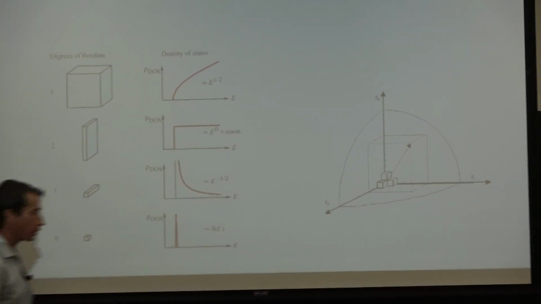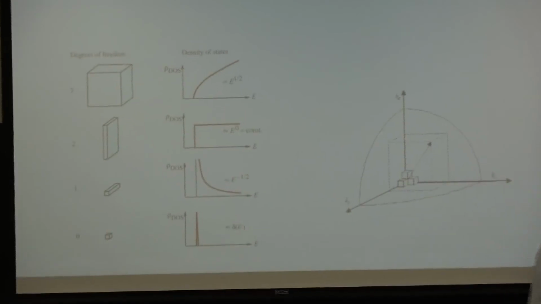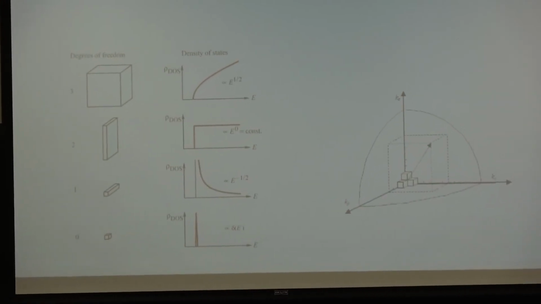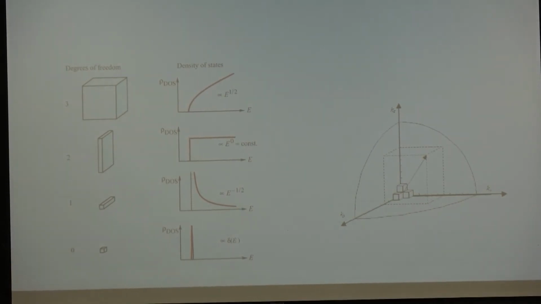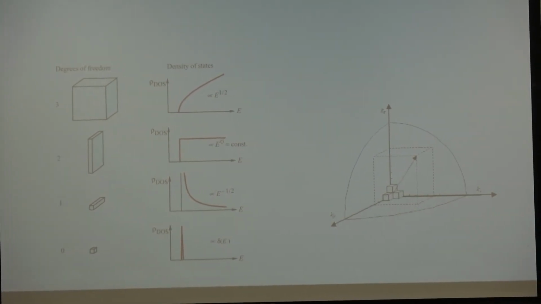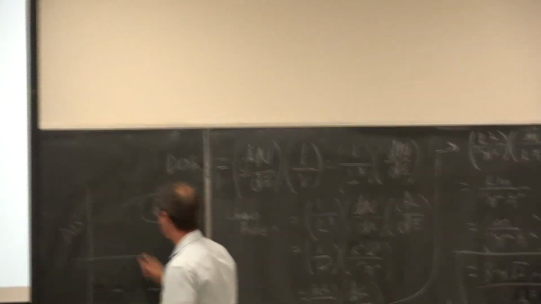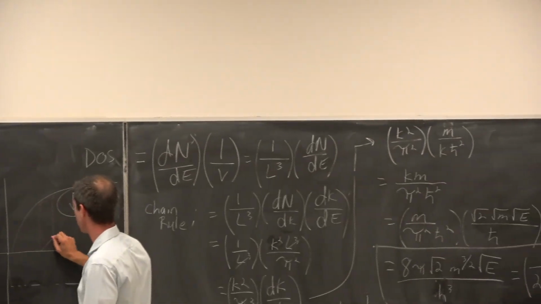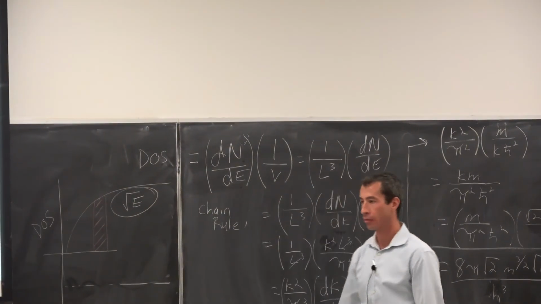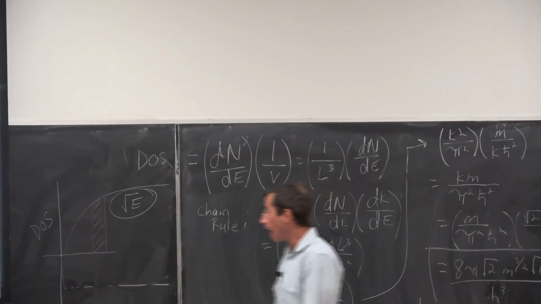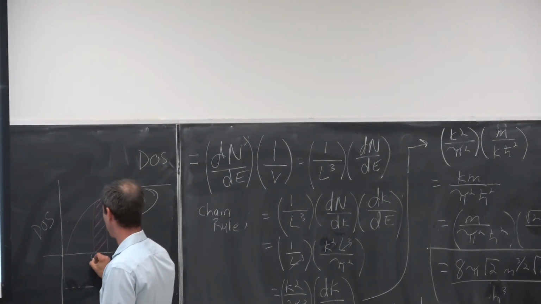So what a question could ask you is, if you had this kind of situation, what's the density of states in that region? Between 5 and 6 electron volts.